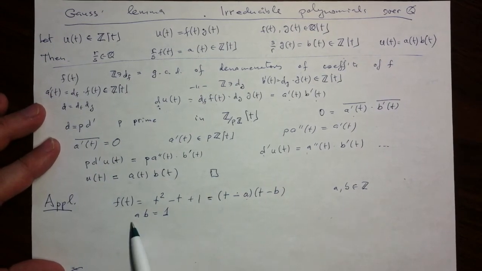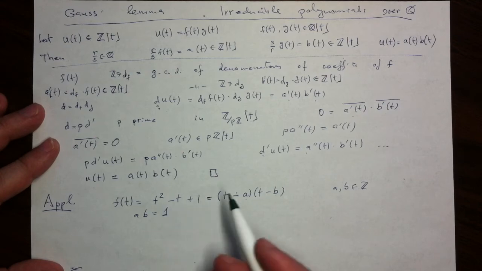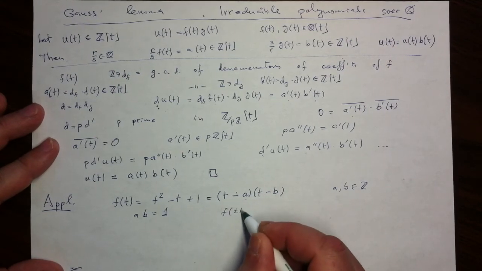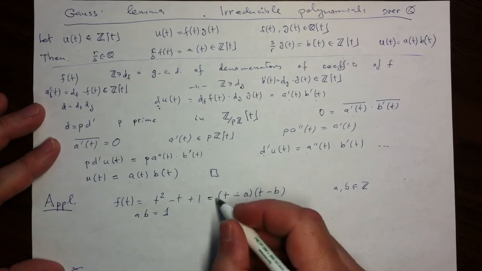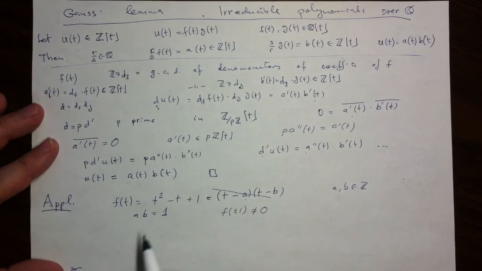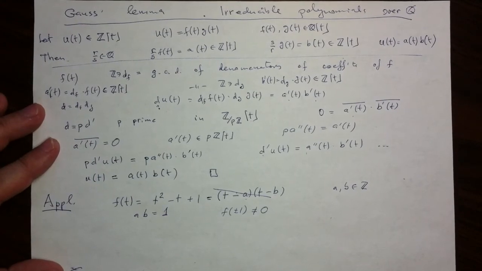And since they are integers, they will have to be divisors of 1, so they will have to be themselves 1 or negative 1. Neither 1 nor negative 1 works as a root. And so this factorization is impossible. And so this polynomial is irreducible over the integers, but Gauss's lemma says that it is also irreducible over the rationals.